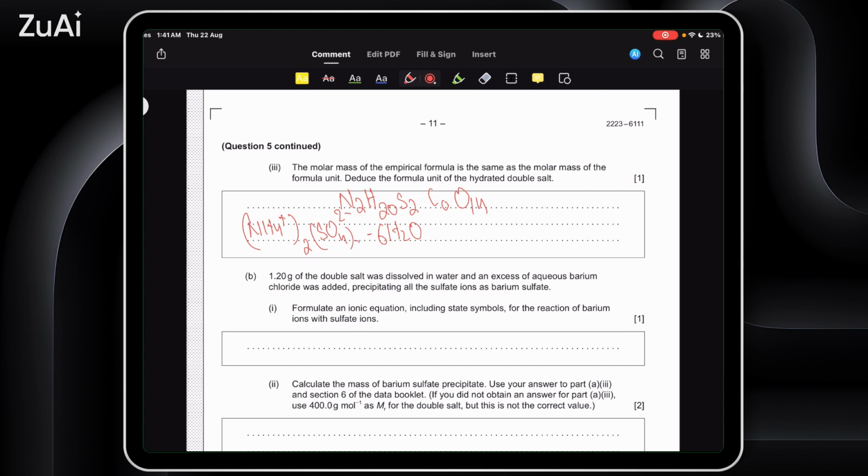And for sulfate as well, for cobalt. So the full formula will become cobalt, ammonium, sulfate, 6H2O. That's the full formula.